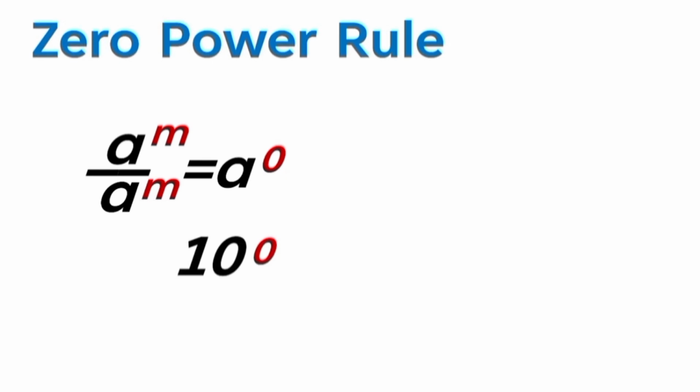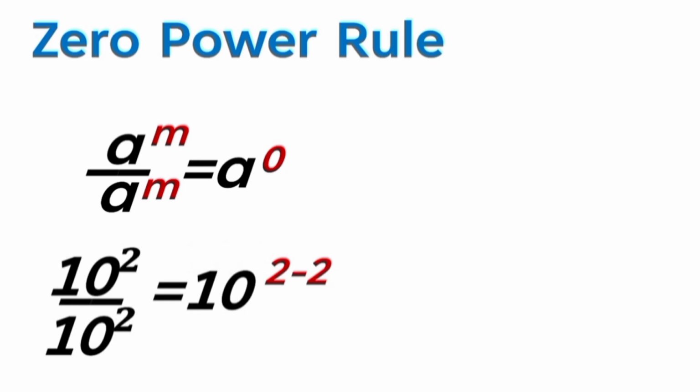Another example is 10 to the power 0, which can come from 10 to the power 2, or squared, divided by 10 to the power 2, or squared, which is equal to 10 to the power 2 minus 2, or 10 to the power 0.